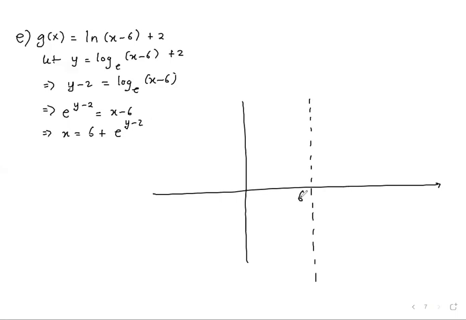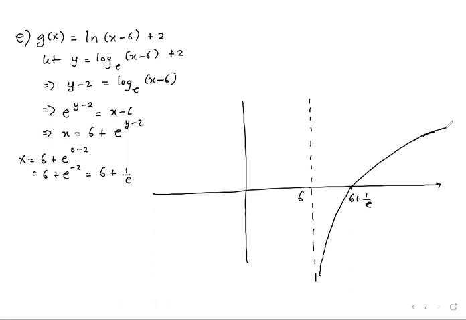And then to find the x-intercept, remember for the x-intercept we let y be 0. So this is 6 plus e to the power -2, which is 6 plus 1 over e. So put it wherever you feel like, 6 plus 1 over e. And then this means that there will be no y-intercept. So it goes this way because of the positive power y.